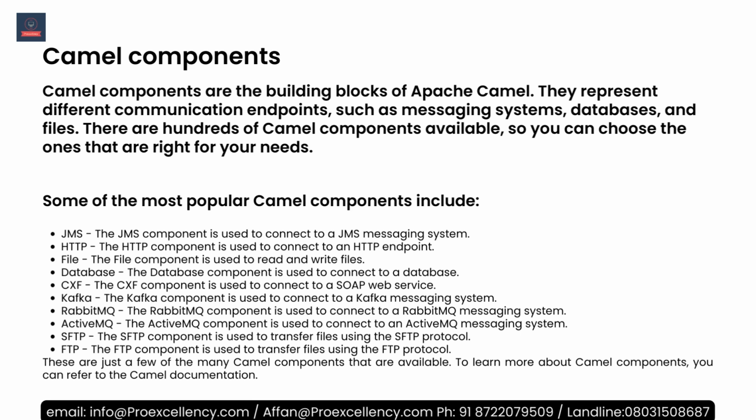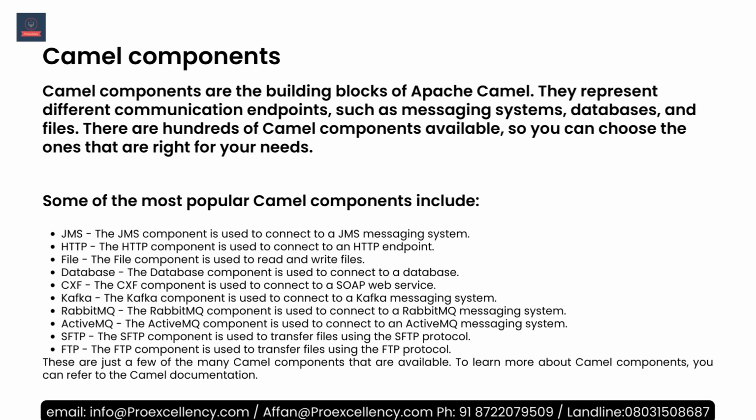The JMS component is used to connect to a JMS messaging system. HTTP. The HTTP component is used to connect to an HTTP endpoint. File. The file component is used to read and write files. Database. The database component is used to connect to a database.